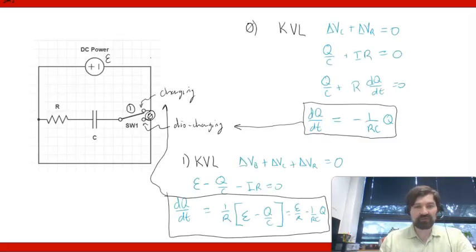So now the question is, what are the solutions to these differential equations? It's a little bit of math that maybe goes beyond the usual scope of a Physics 2 course, in the sense that I understand most of you taking this course are taking maybe Cal 2 or at most Cal 3.